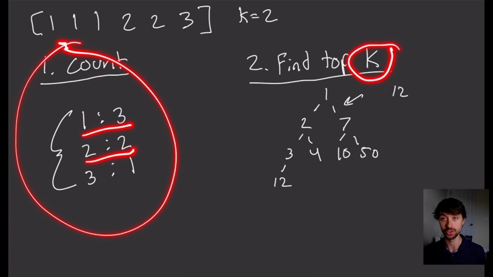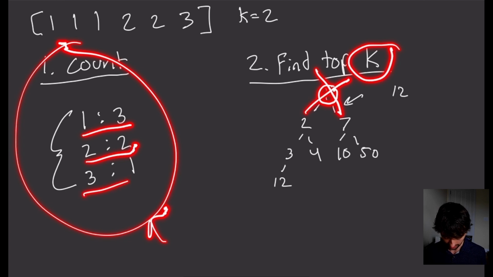So for example, the first 2. And then as we consider more values from this dictionary, we can see, hey, is the value that I'm considering now larger than the value at the top of the heap? And if that's the case, we can remove this value and add this value.